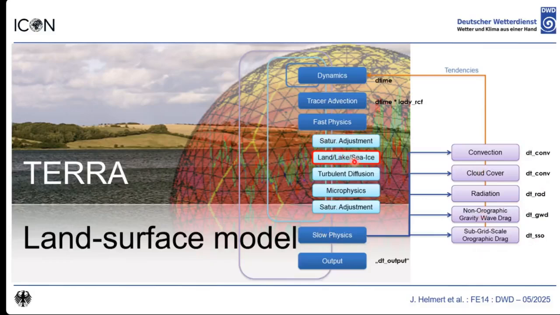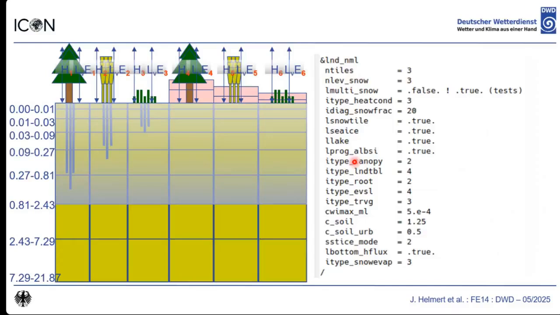Now we jump here into the land lake sea ice. These are the 3 tiles. So the left 3 columns here would be the tile 1, 2, 3. So which is needle forest, for example. Some other more vegetation and some grassland. And you see also the layers in the ground. You see the numbers.